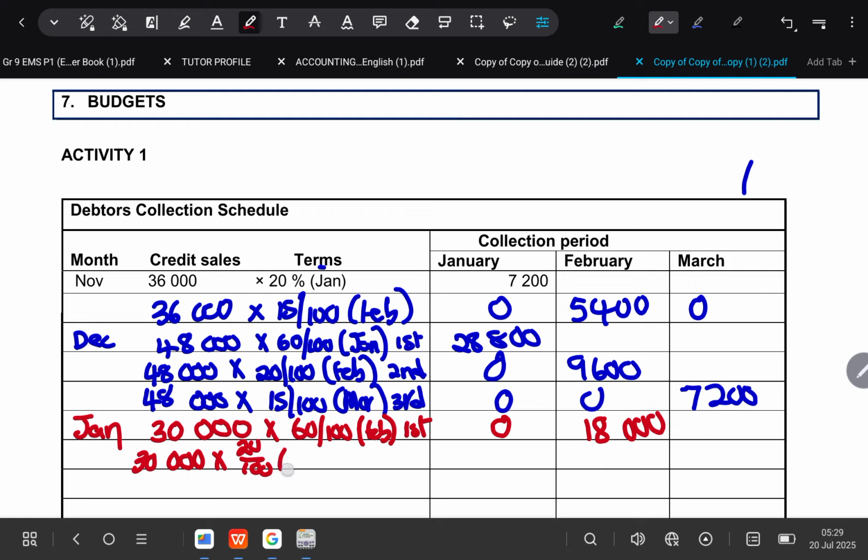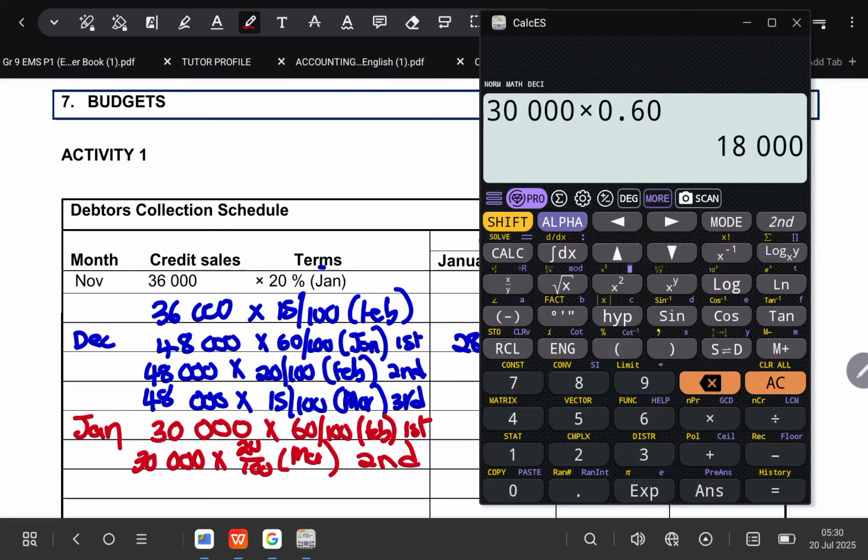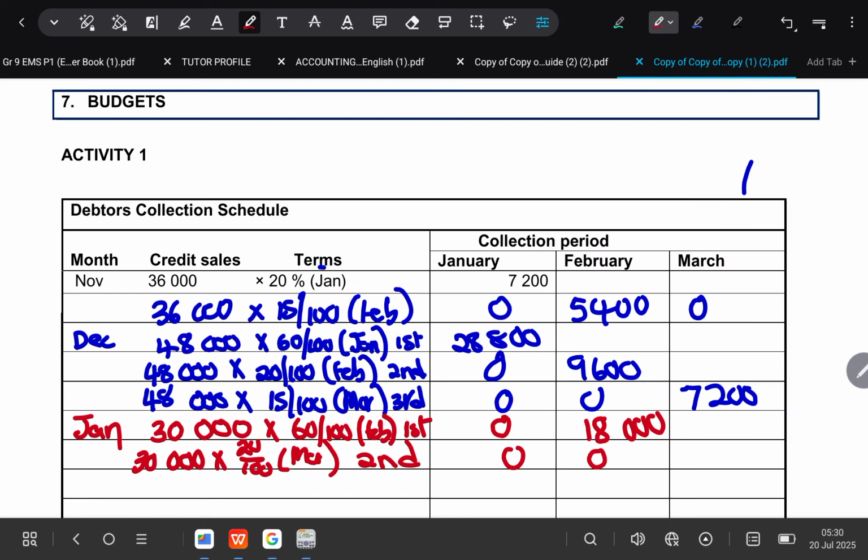So we will collect it in March. So it tells you already that here nothing, nothing, and then in March you'll have the amount. So 30,000 multiplied by 20% is going to be 6,000. So that 6,000 will come here.